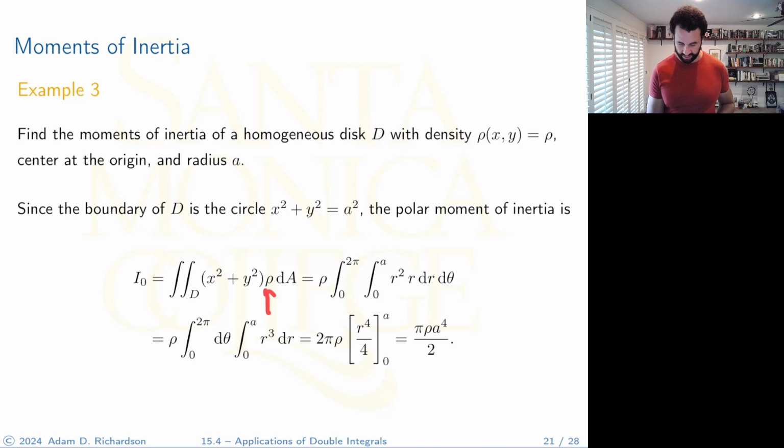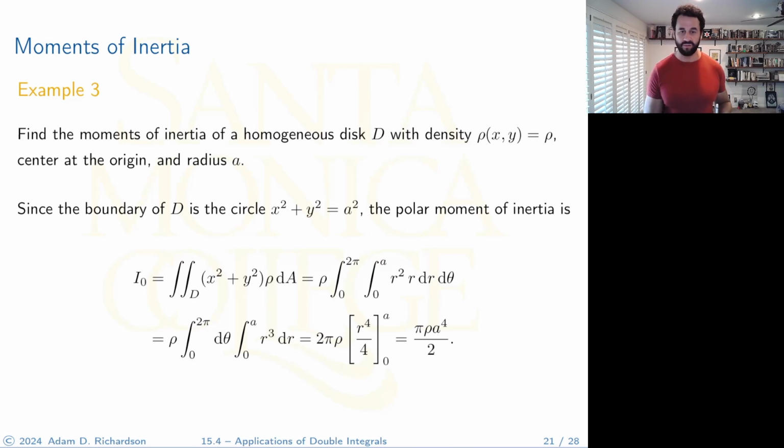Because rho is just going to pull out. This becomes r squared, and then here's that extra factor from when we changed to polar coordinates. Once again, the functions of theta and r are disjoint, so we can split this integral up into a product of two integrals, run FTC2 twice, and then we get this. So that's the polar moment of inertia.